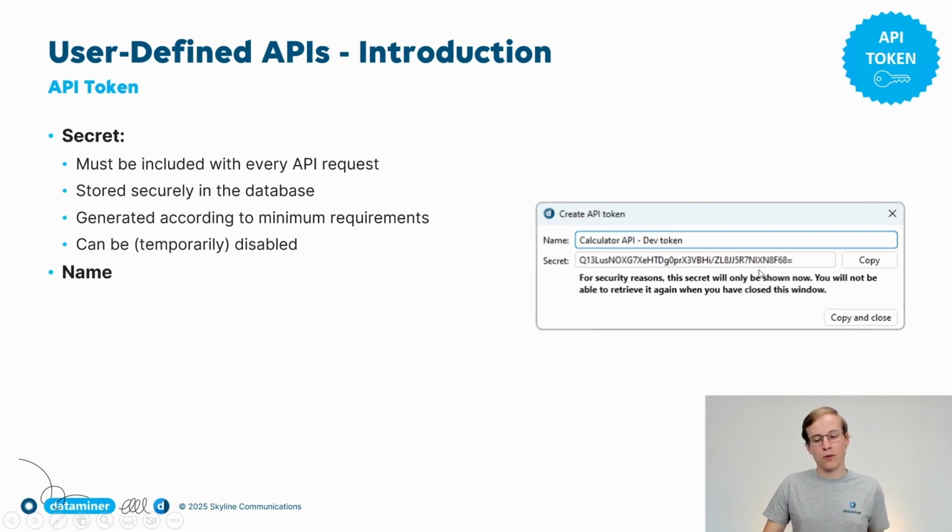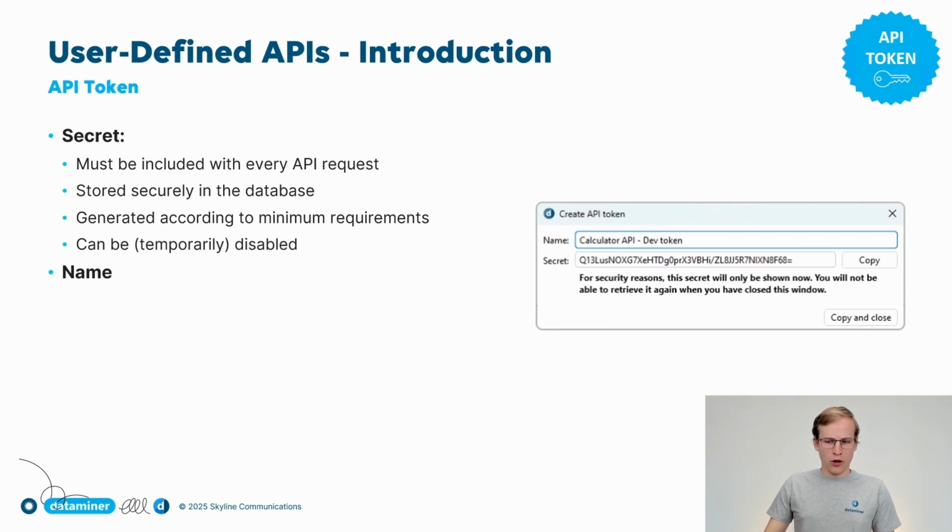In Cube, this secret will be automatically generated for you, but you can actually provide your own secret. If you want, you can use scripting to create these tokens, and that way you can choose your own secret. Maybe you have certain requirements where a secret used in your company or your organization needs to be a certain length, a certain complexity. That's all fine, but it has to adhere to the minimum requirements of DataMiner, which is already quite high.